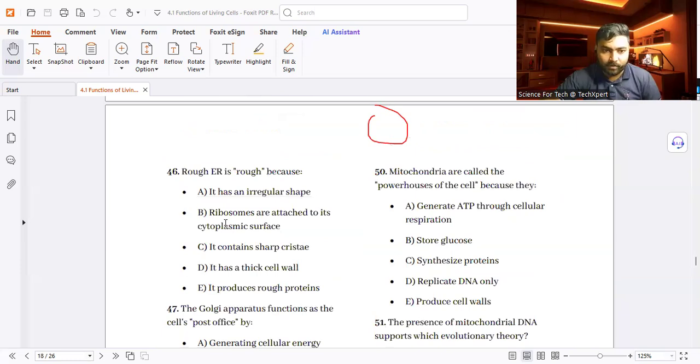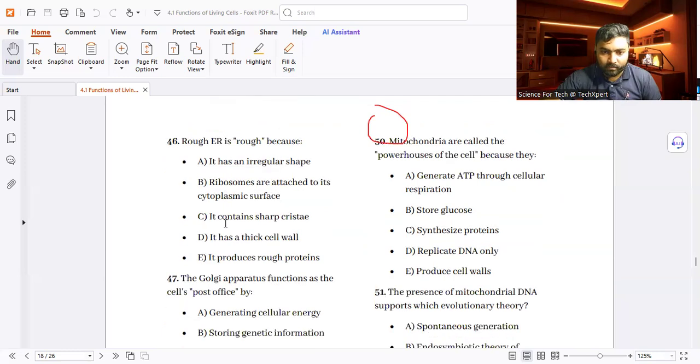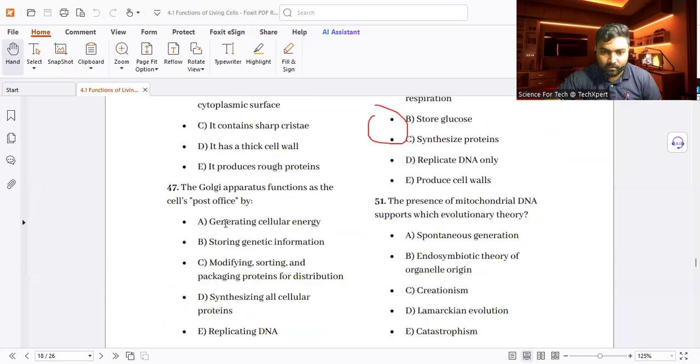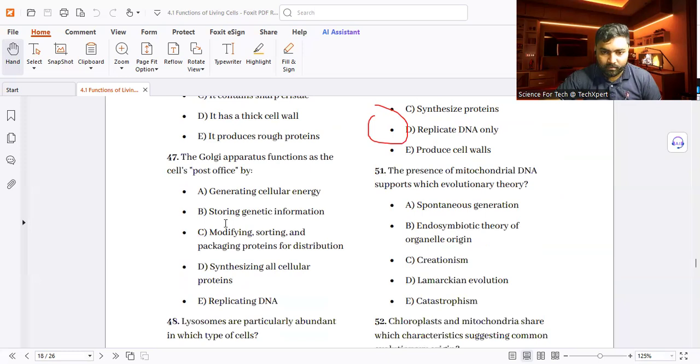Yes, it is B. Then 51. I don't think you can find the answer, but try to do 51.